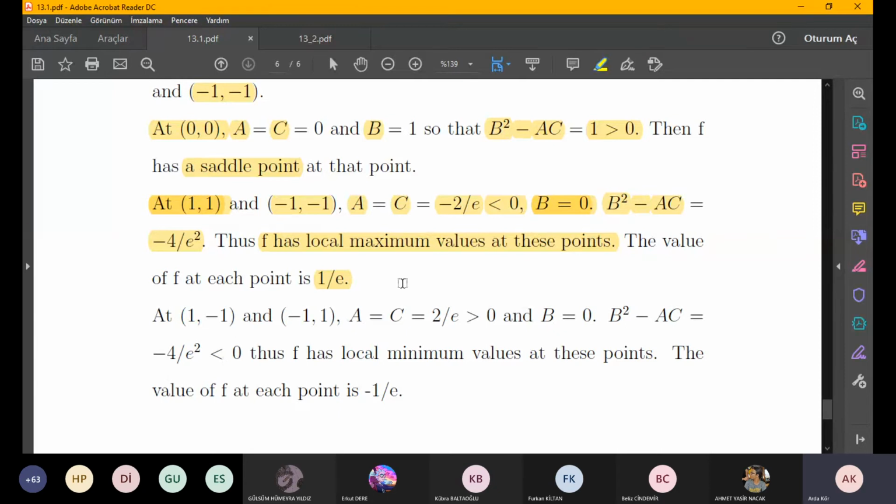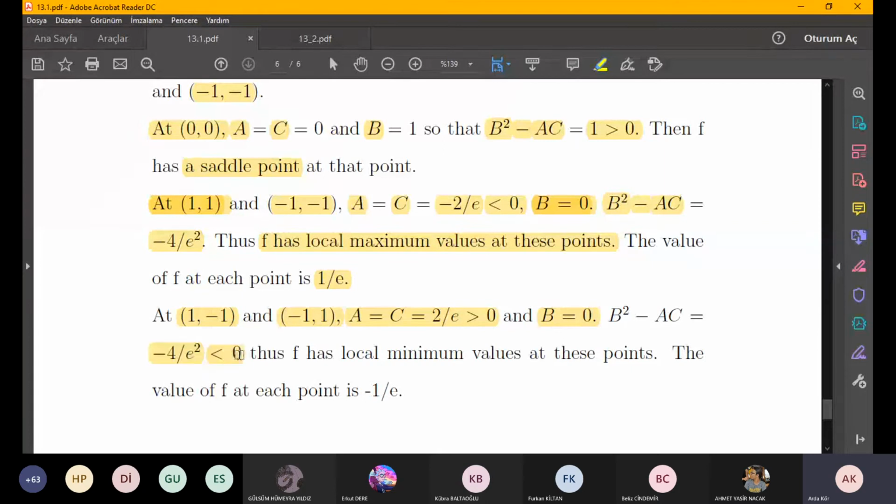And the other critical points are (1,-1) and (-1,1). Again, if you compute A, C, and B, you get that A is positive and B² - AC is negative.